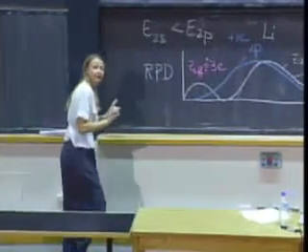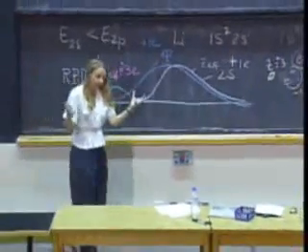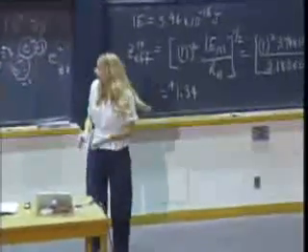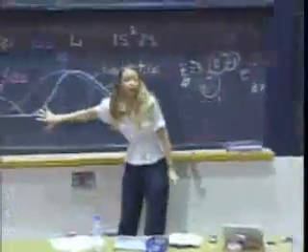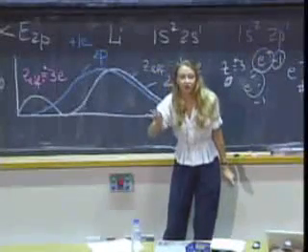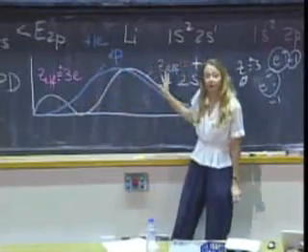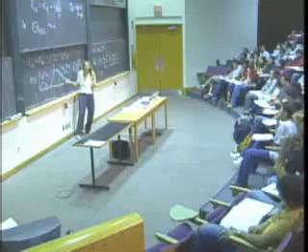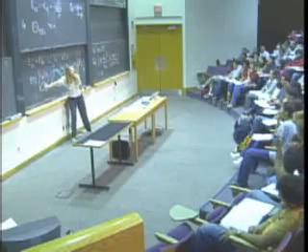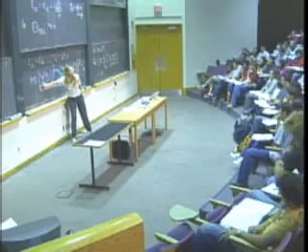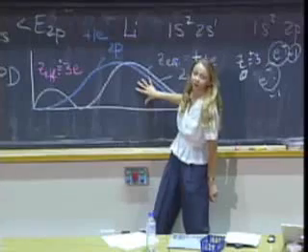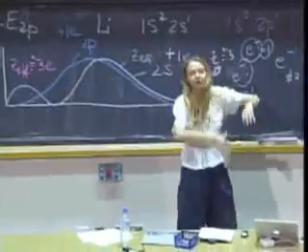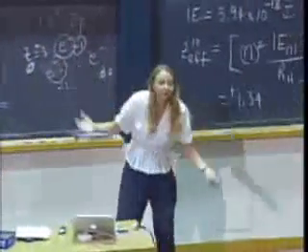But now, in order to calculate or think about the total effective nuclear charge, what we're going to have to do is to average that effective charge over these probability distributions. So if the 2s probability distribution has a part of it where the effective charge is +3 and part of it where it is +1, if I average over that, the effective charge is going to be, I don't know, +2 or something.